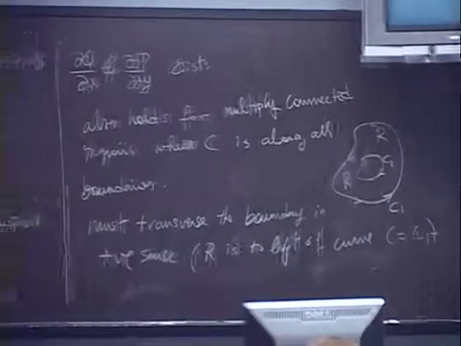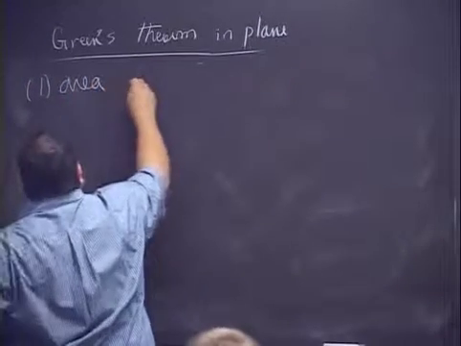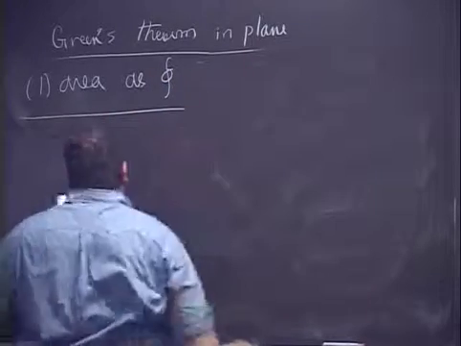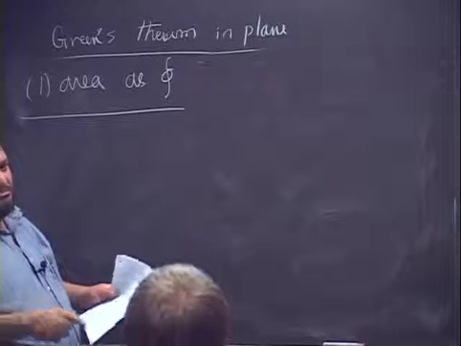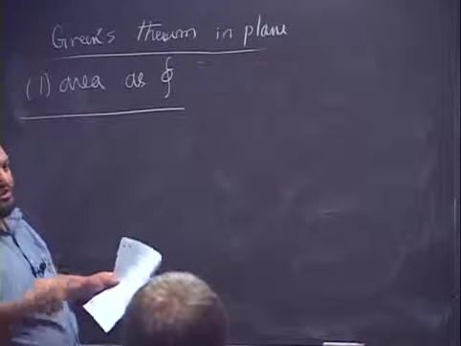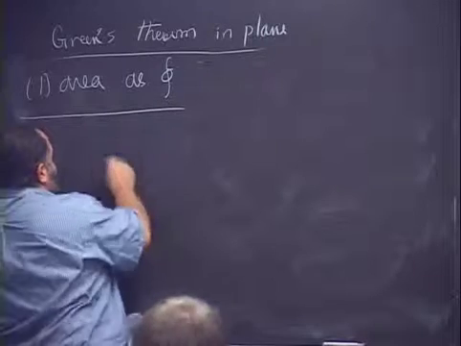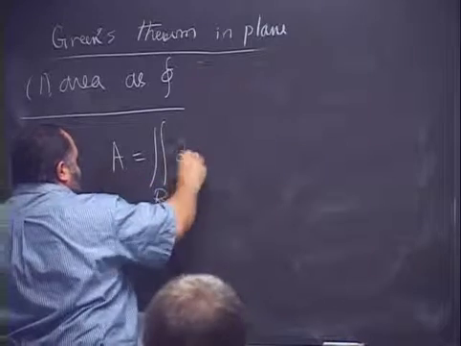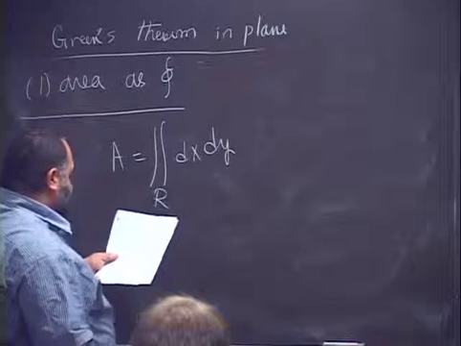So now let's take a couple of applications for this beautiful theory. One application is to find the area as an integration over a closed contour. So instead of a double integration, we will integrate over a contour now. We will transform the area to a contour integration. What's the area in double integration over R? It is dx dy in Cartesian coordinates.